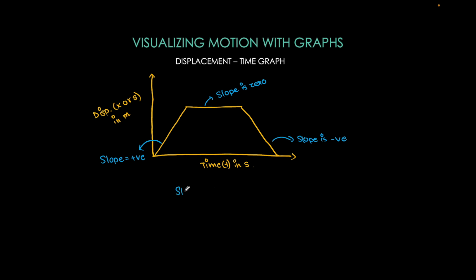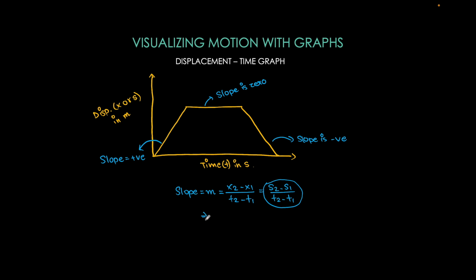But what is actually the slope of displacement time graph? So let us just calculate it real quick. Slope is equal to x2 minus x1 divided by t2 minus t1, right? Or we can write s2 minus s1 divided by t2 minus t1. So we'll be using these expressions more in the upcoming topics, right?